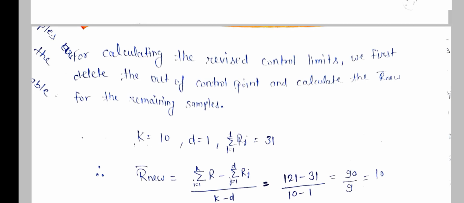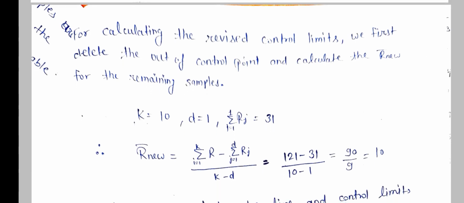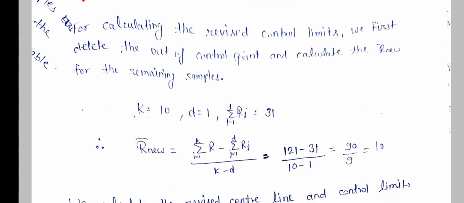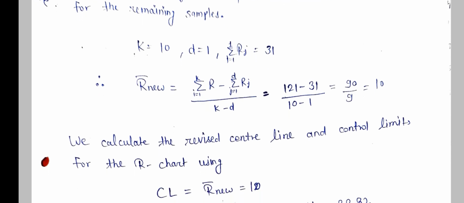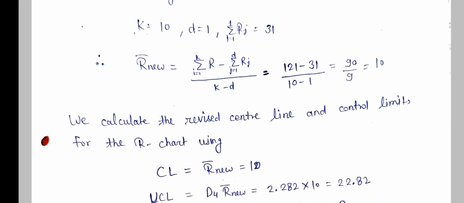For calculating the revised control limits, we will find the R limits again. We first delete the out of control point and calculate R bar new for the remaining samples. R bar new is calculated by sigma R minus sigma R j upon k minus d.